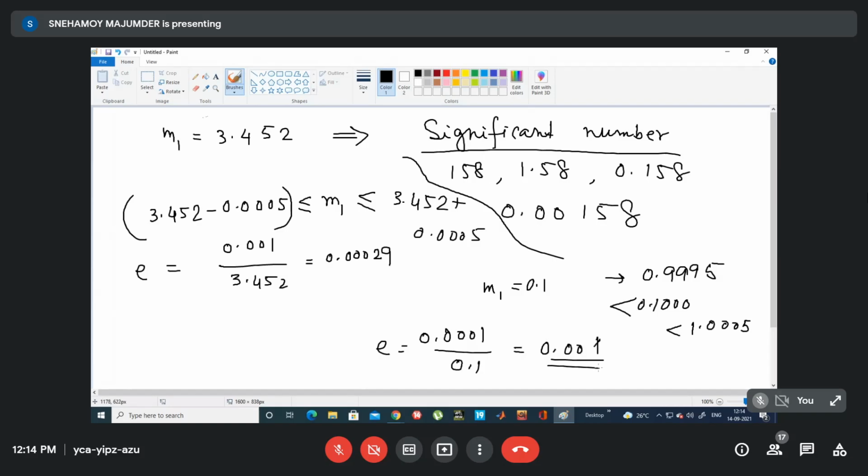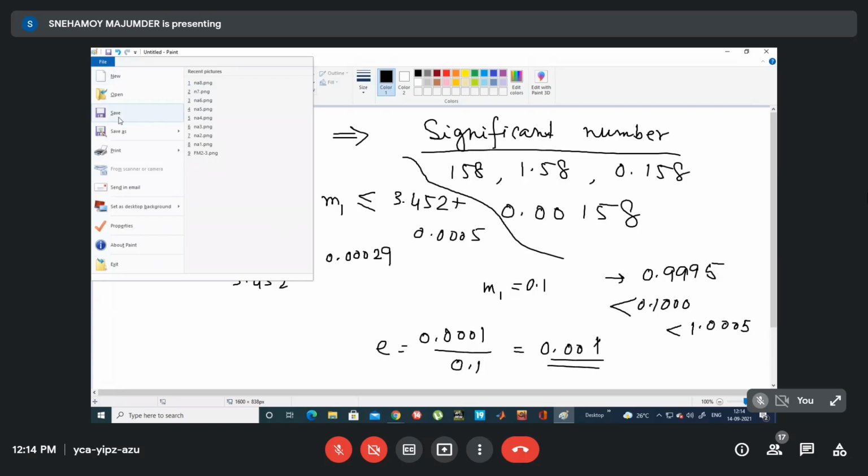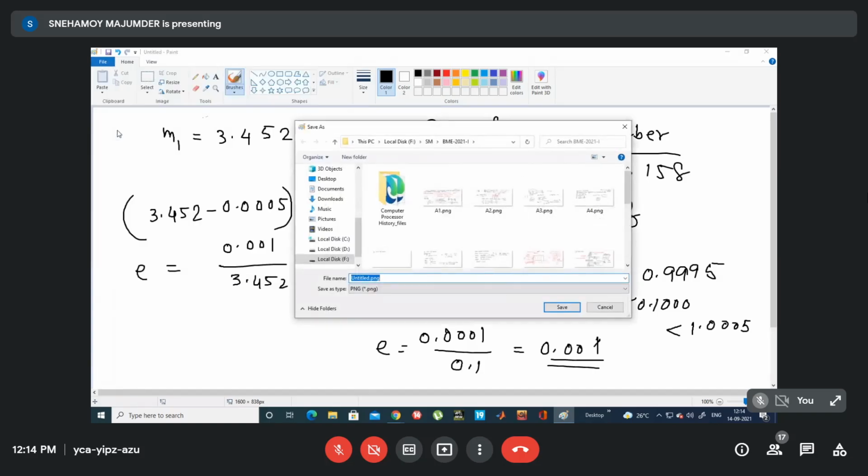So this means for the relative error, whatever number is the correct number, the significant digit has to be kept in mind, and accordingly what significant number you are going to keep, or finally target, that will be my converged result. That is very important.